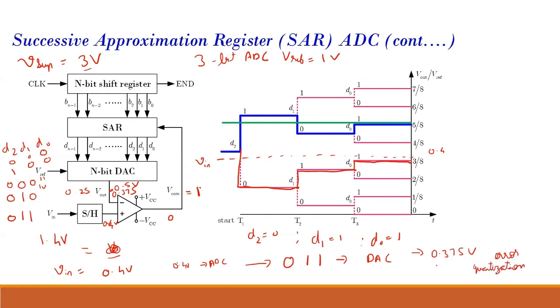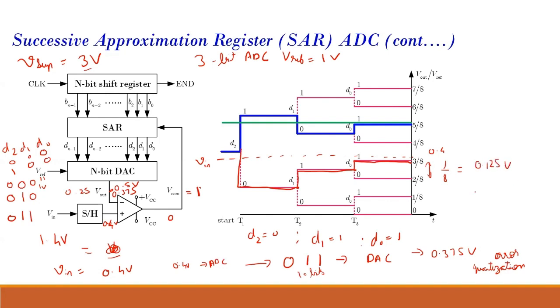So what would happen is, if the resolution of my ADC was more, instead of 3 bits, it was like 10 bits, then my error would be reduced. Now, the maximum value of my error would be 1 by 8, that would be 0.125 volt.